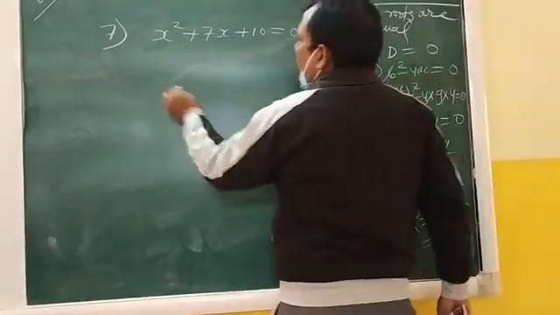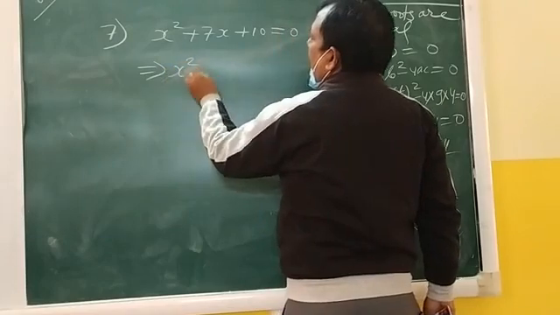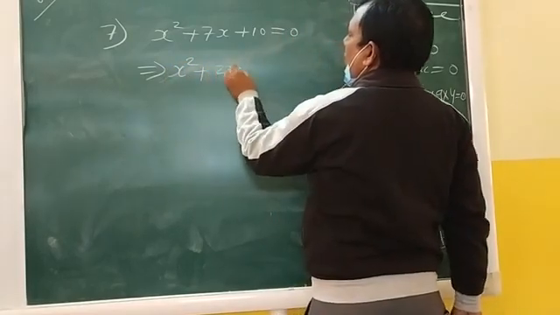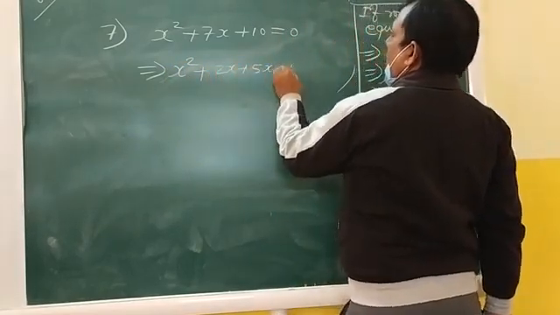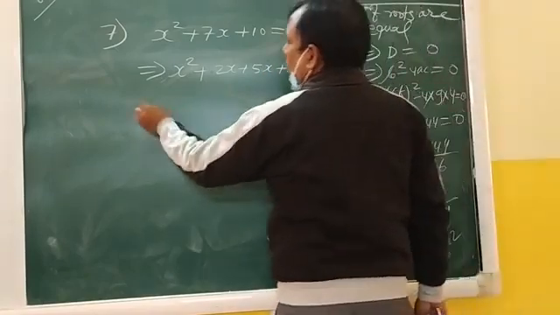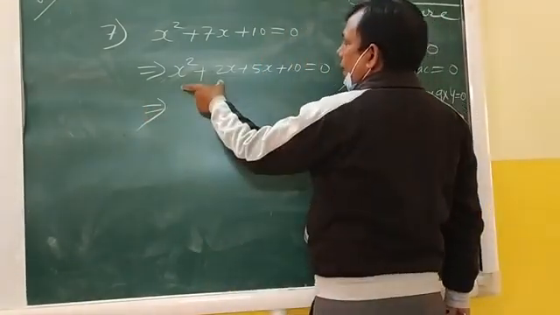Okay. So here you can see that x square plus 7x can be written as x square plus 2x plus 5x plus 10 equal to 0. Now take the pair.